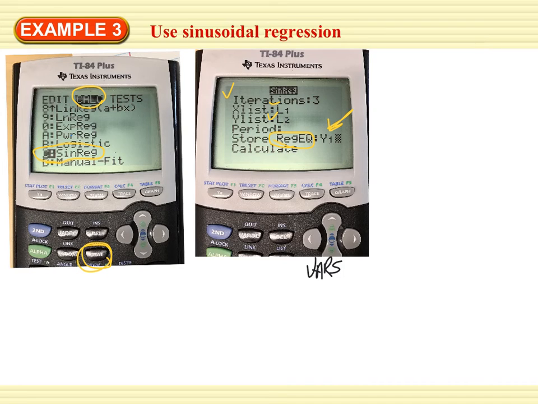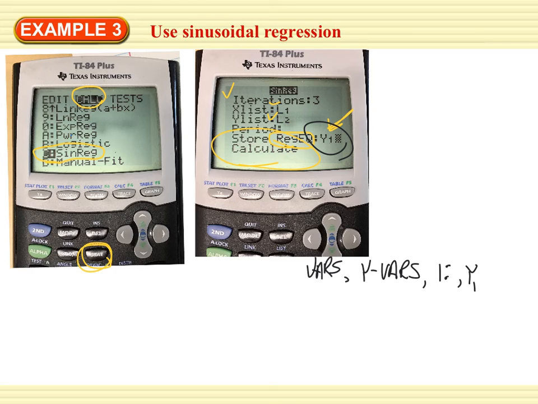Go ahead and hit that vars button, and then select Y vars, number 1, which is the function, and Y1. That means it's going to store my equation in Y1, which I want to happen. And go ahead and hit enter, and it's going to calculate it.